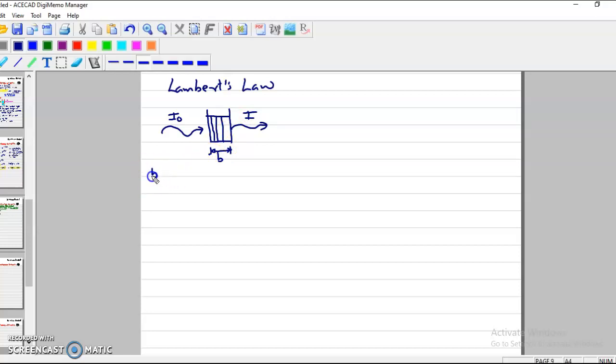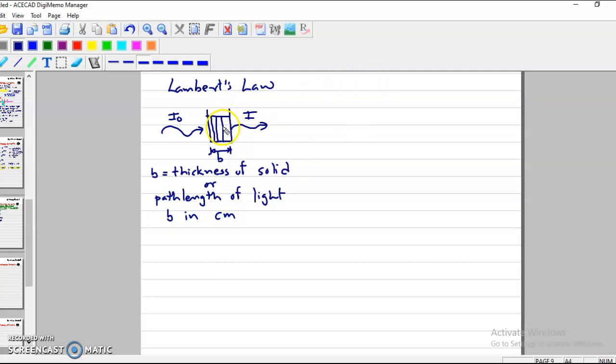Here B is the thickness of the solid, or path length of light. The unit of B will be centimeter.